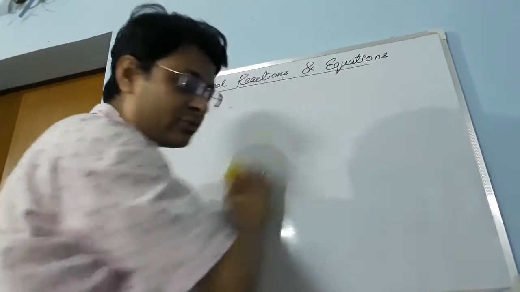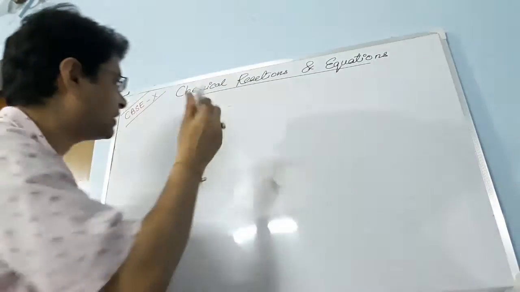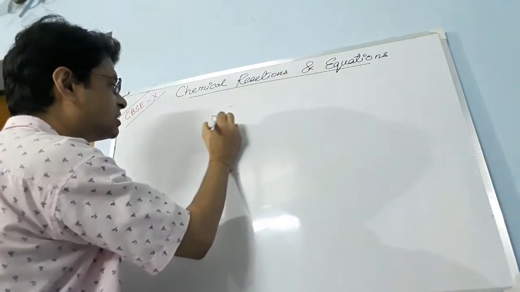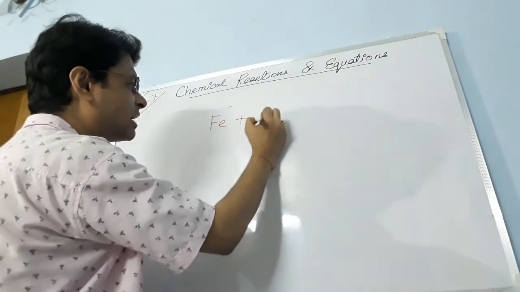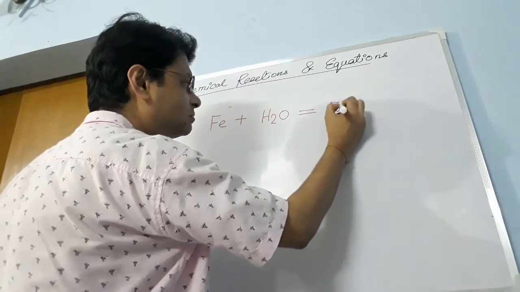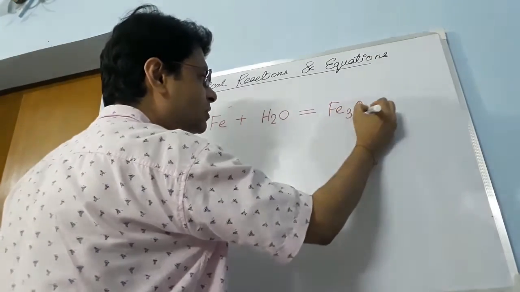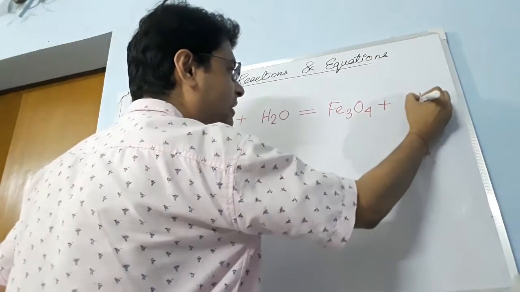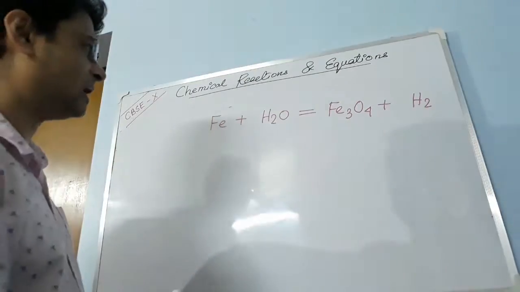I write a fairly big equation. Suppose iron reacts with water to form ferrosoferric oxide and hydrogen. Now I try to balance it.